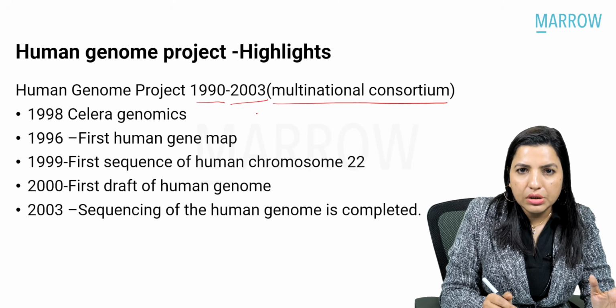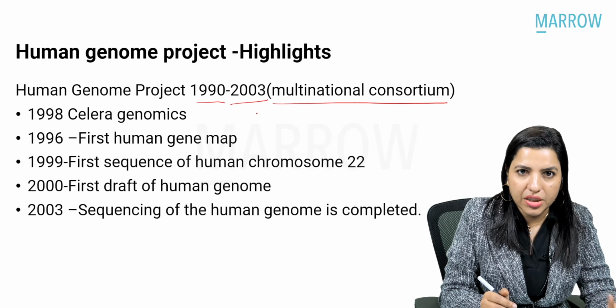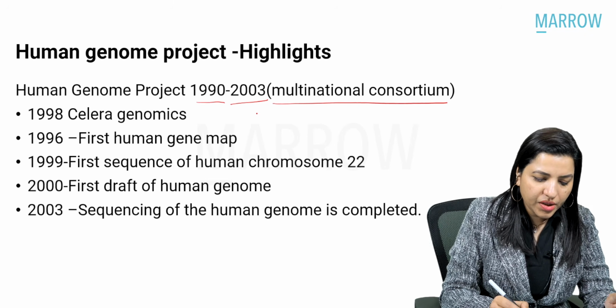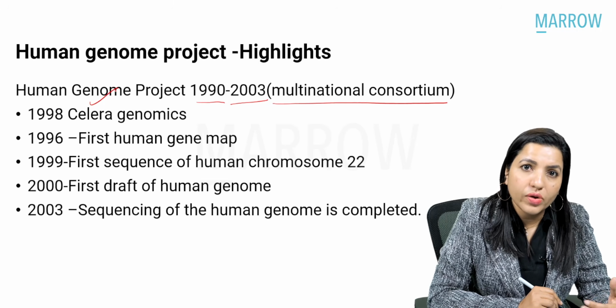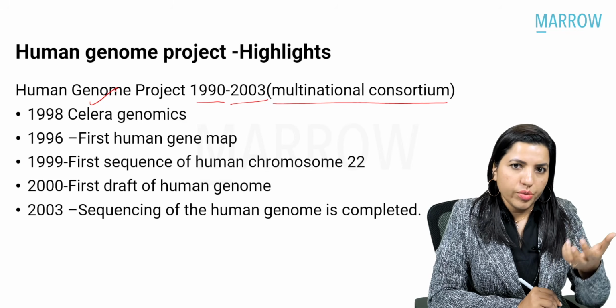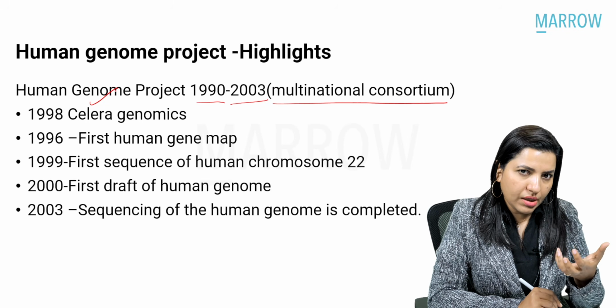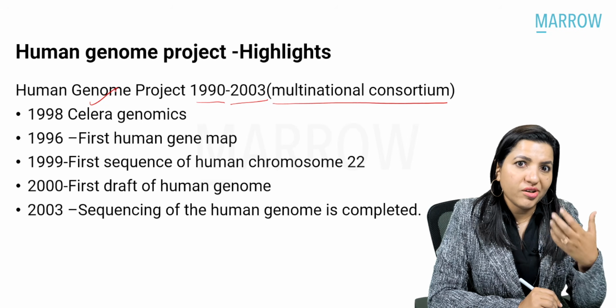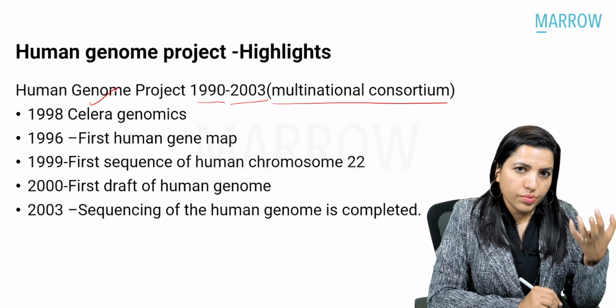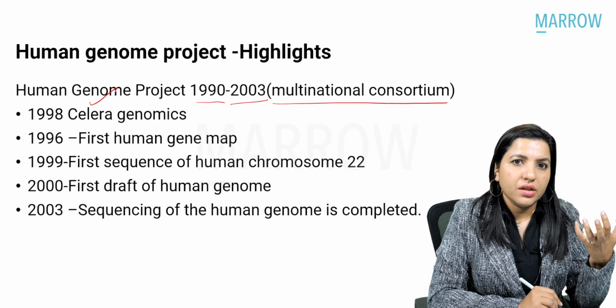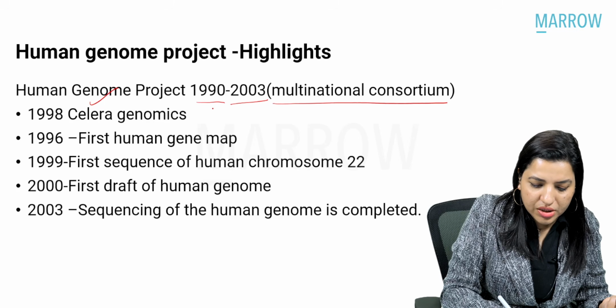So it took less than 20 years. Then Celera Genomics is a private agency which collaborated with the Human Genome Project, which was actually a government-led project. This was under the initiative of Craig Venter.